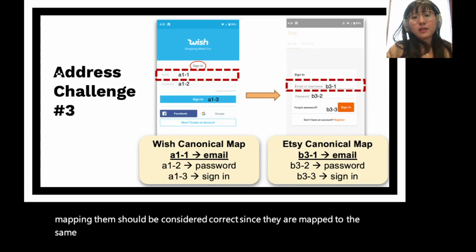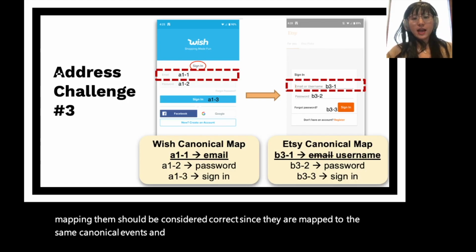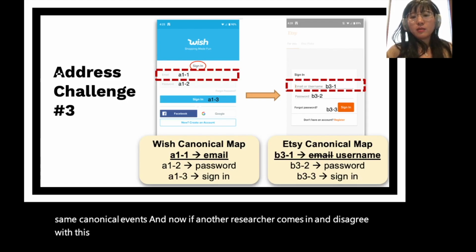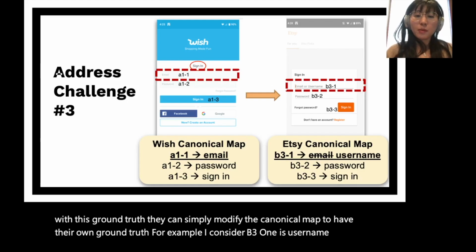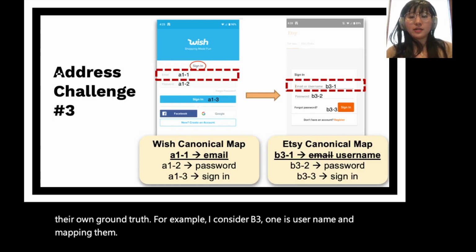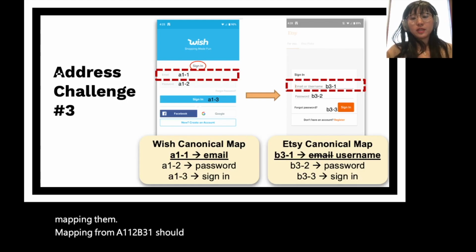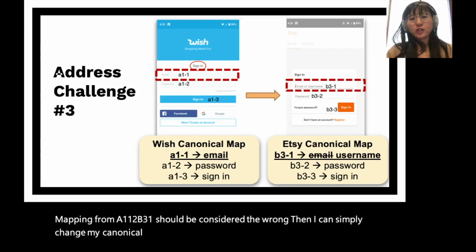And now, if another researcher comes in and disagrees with this ground truth, they can simply modify the canonical map to have their own ground truth. For example, I consider B31 is username and mapping from A11 to B31 should be considered wrong. Then I can simply change my canonical map like this, and then have FrUITeR reproduce the results based on my ground truth automatically.